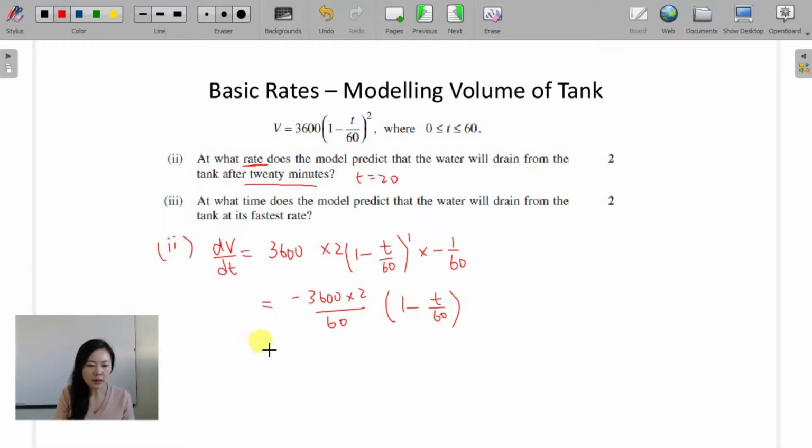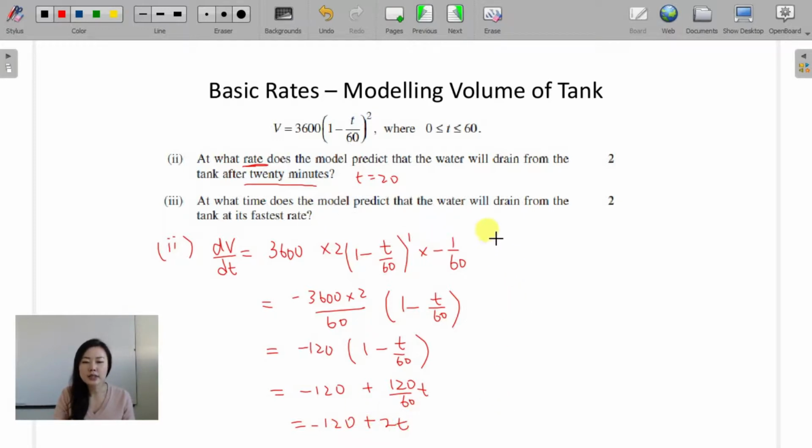If you put that number into the calculator, it is minus 120. And I'll simplify this a little bit further as well. All right, so that's the equation.